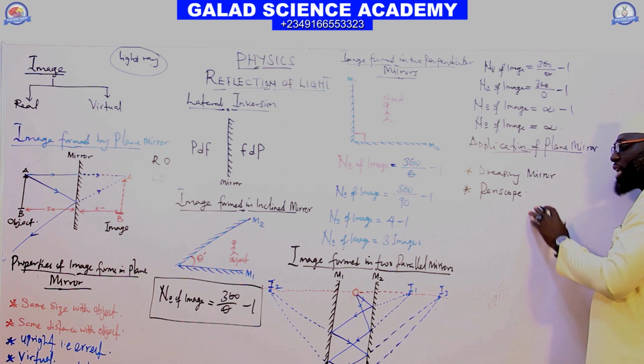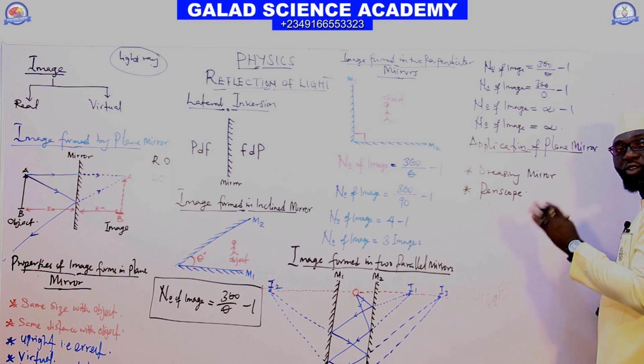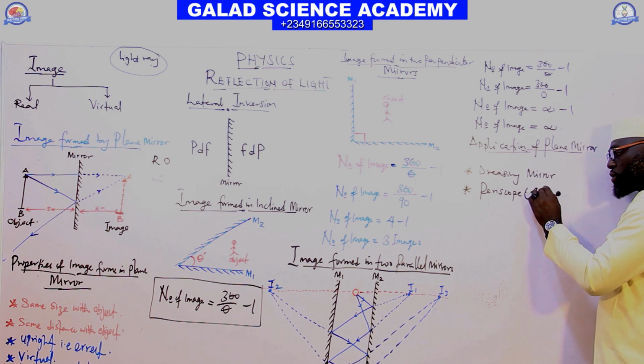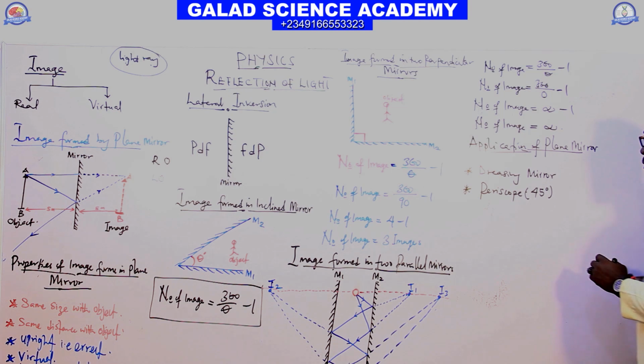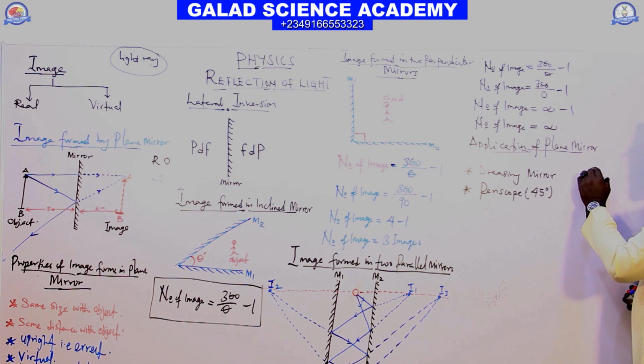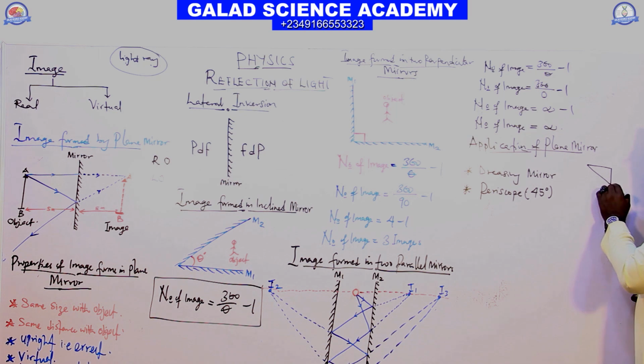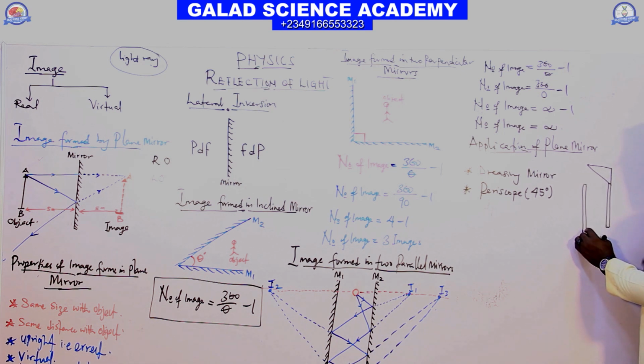The periscope is an instrument that is used to see an object around a corner through an angle of 45 degrees. That is the periscope. And this is the structure of the periscope. The periscope looks like this.